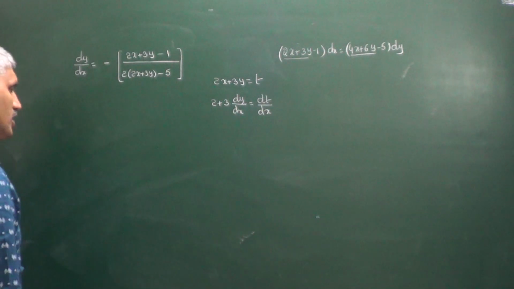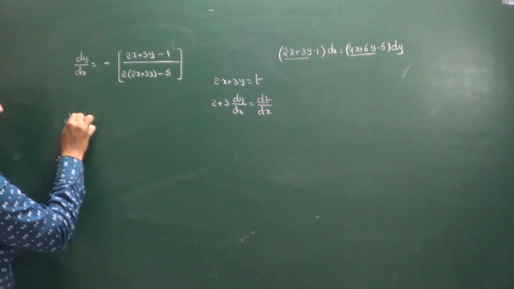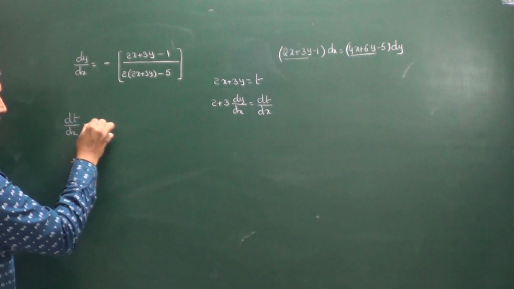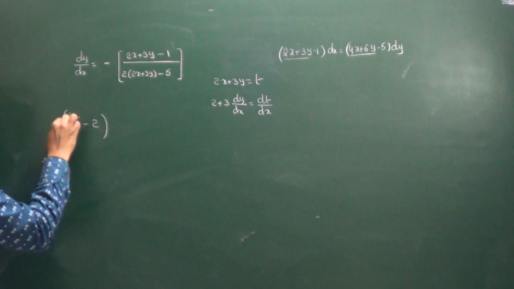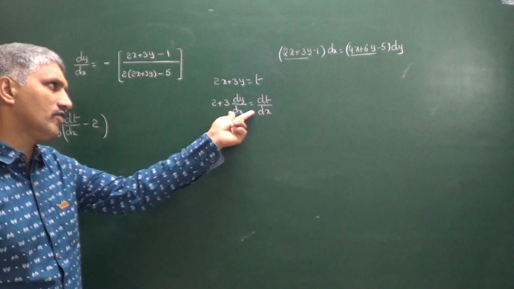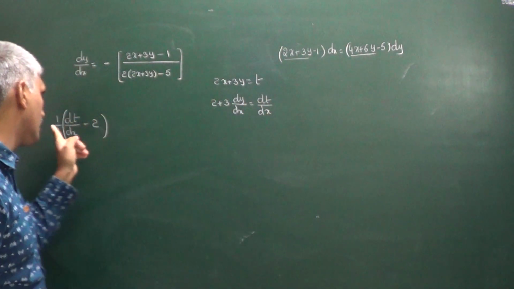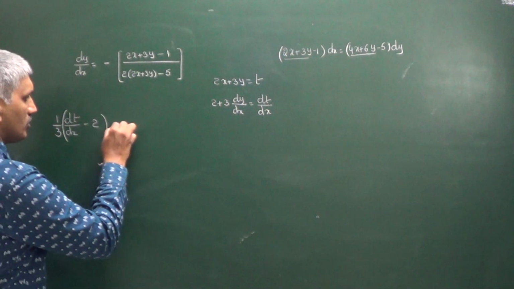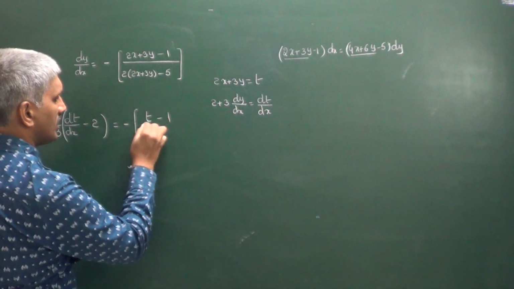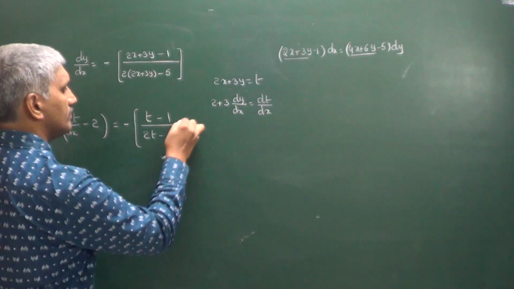Now for the substitution, in place of dy by dx we have to write dt by dx minus 2 multiplied with 1 by 3, is equal to minus of t minus 1 divided by 2t minus 5.